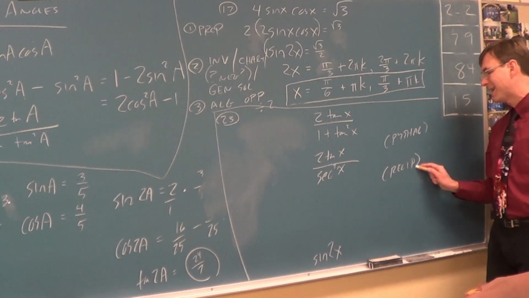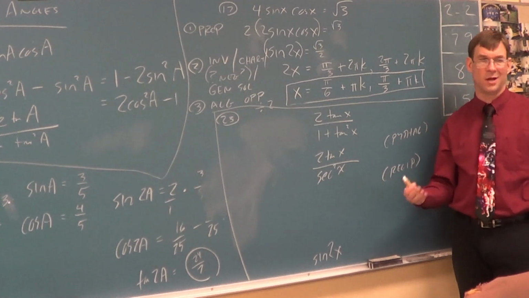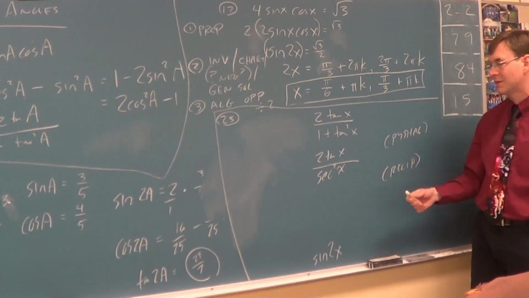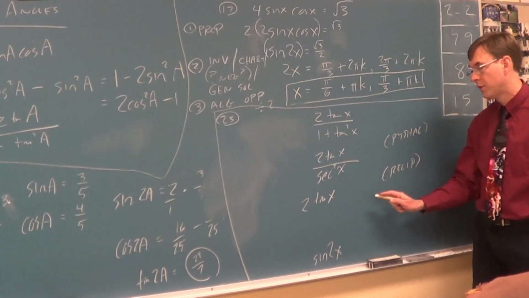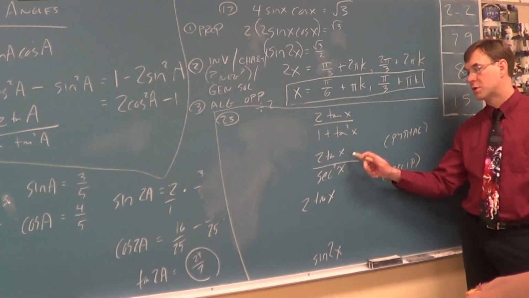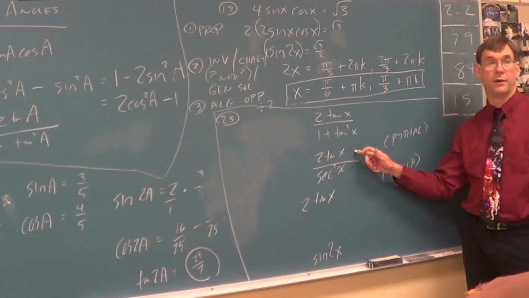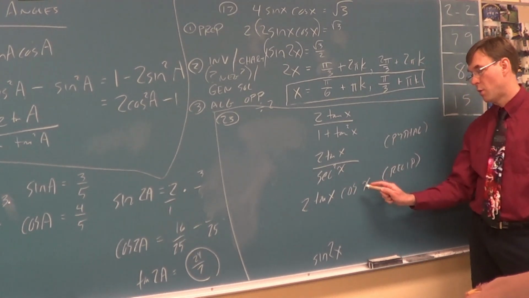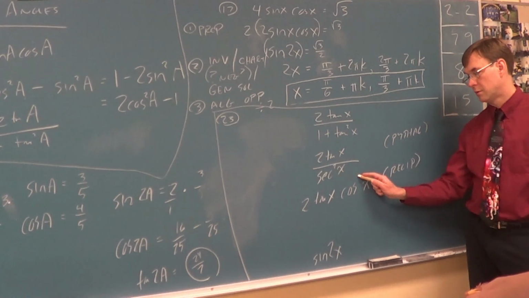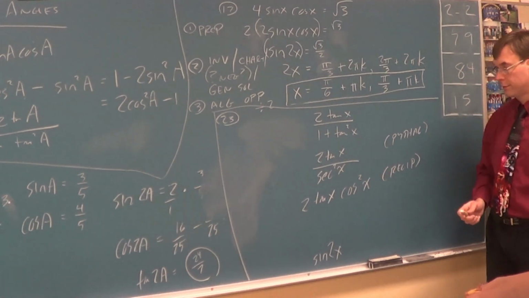The first advice I ever gave you is make stuff sines and cosines. If you have a chance, make stuff sines and cosines. So we could leave the 2 and the tan alone. If secant flips, what is secant flipped from? Cosine. But since secant was squared, cosine is squared.